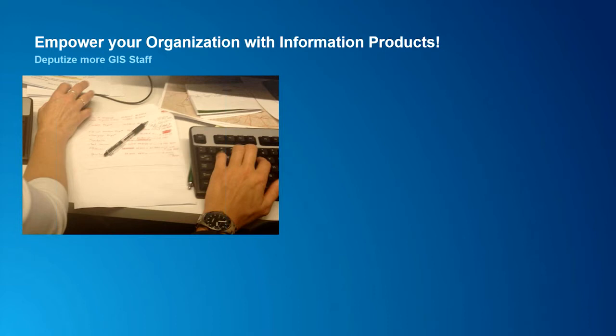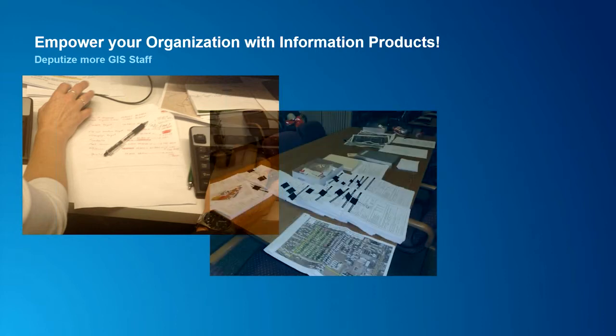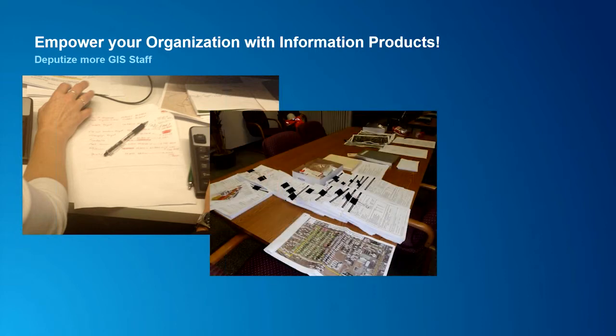And these are tasks now that more people in the organization can do. Or sometimes, saddled with a stack of papers and asked to make a map of all this information. And this manual labor can take away from other important duties, or other analytic tasks that may be needed inside the organization.